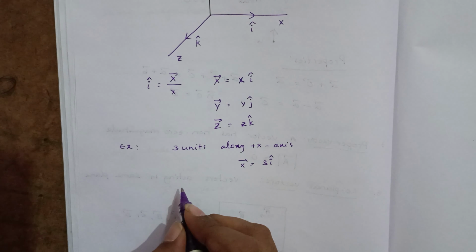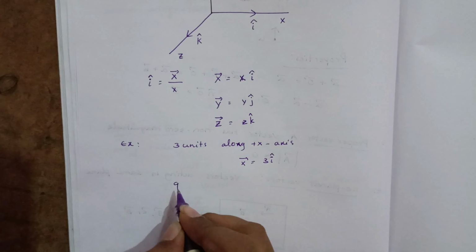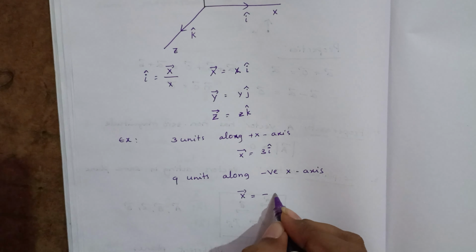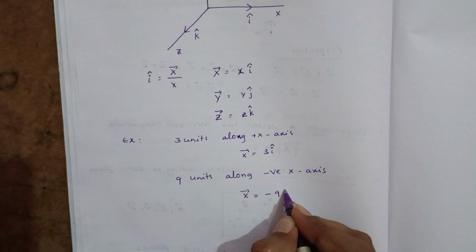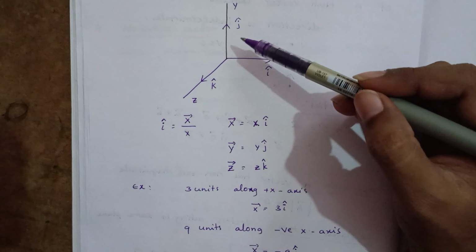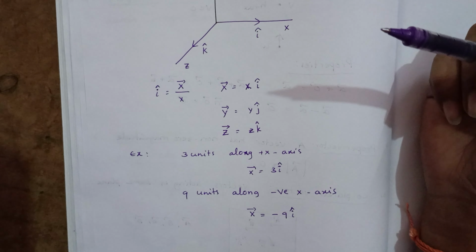Now, if a vector's magnitude is 9 units along the negative x-axis, it can be represented as minus 9i cap. Like that, we'll have j, k also. If it is represented along the y-axis, magnitude into j. Represented along the z-axis, magnitude into k. Okay, this is about orthogonal vectors.